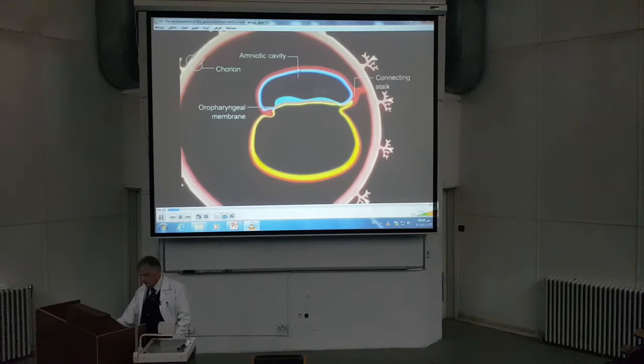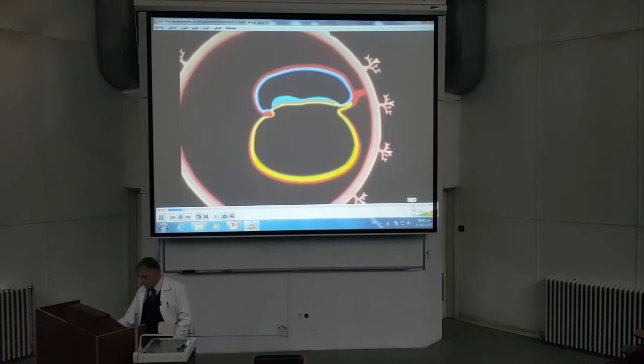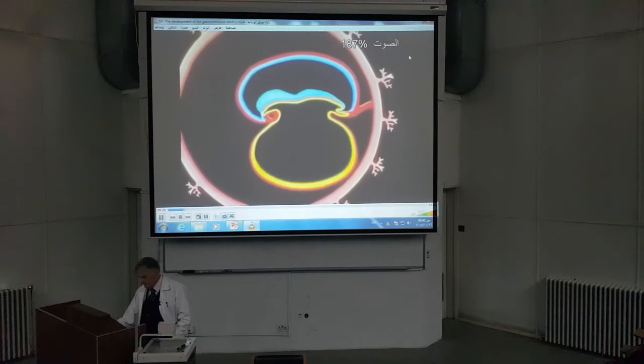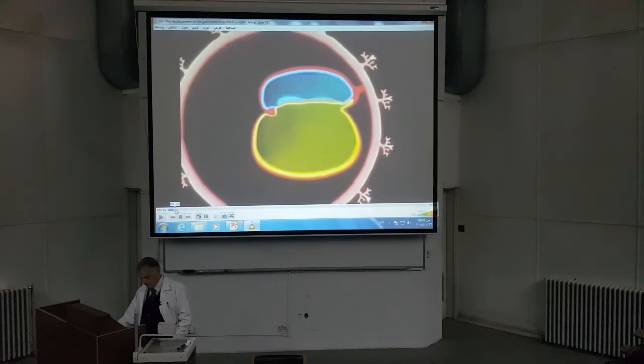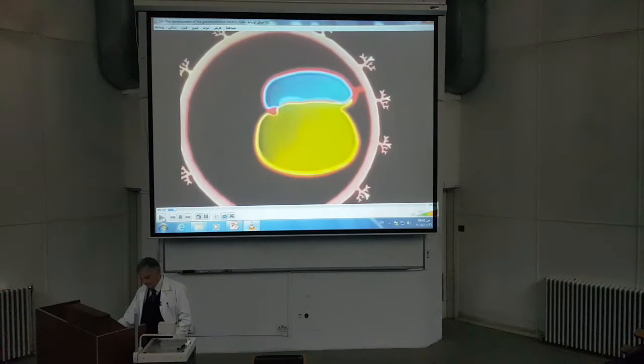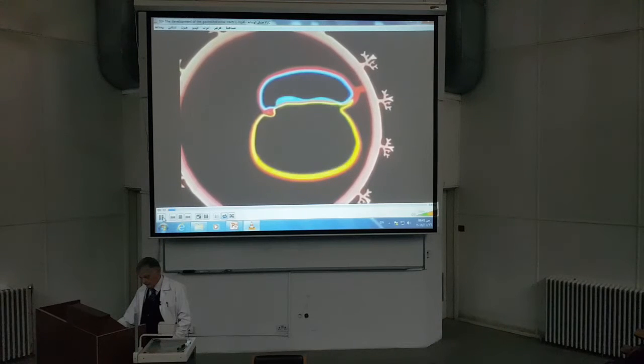This is the trilaminar embryonic disc. This is the trilaminar disc.